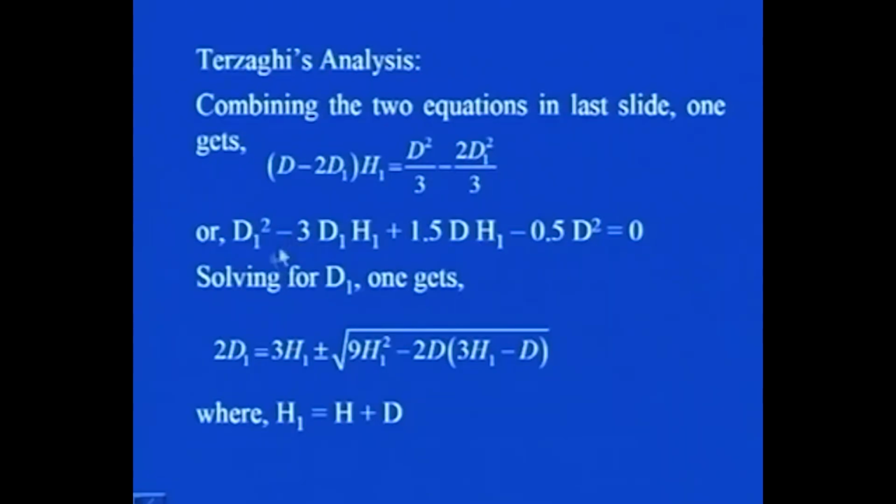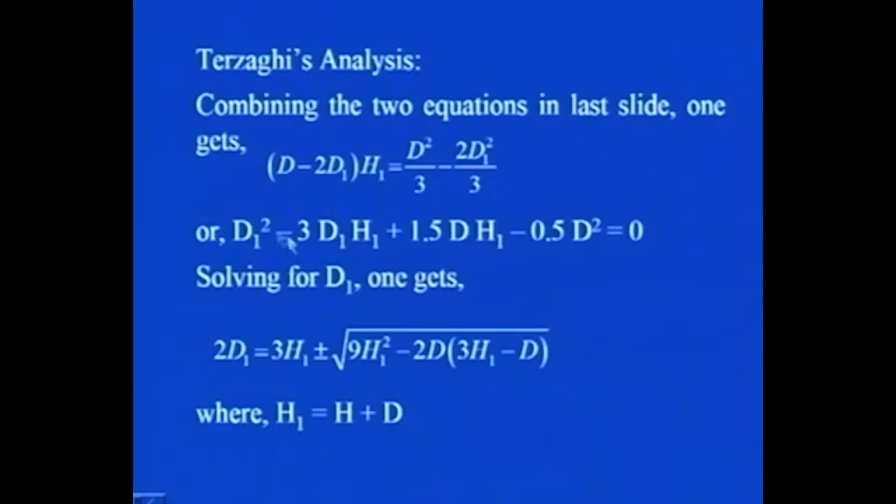If you solve it further, you will get a second order equation, a quadratic equation in d1, and you know that for any equation a x square plus b x plus c equal to 0, you can solve very easily for x.